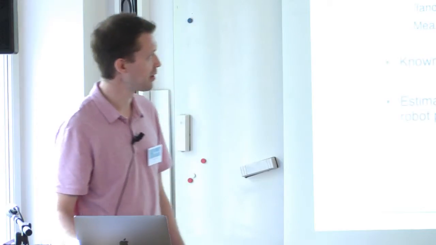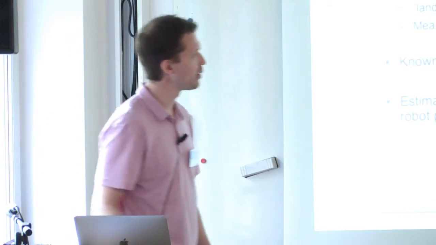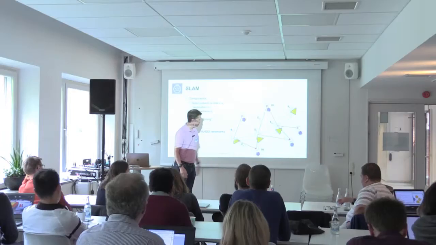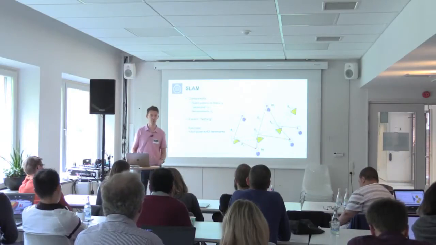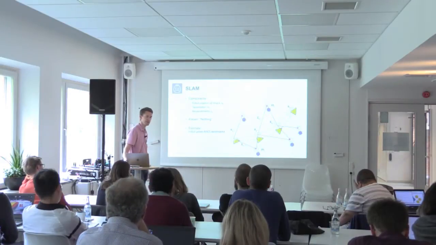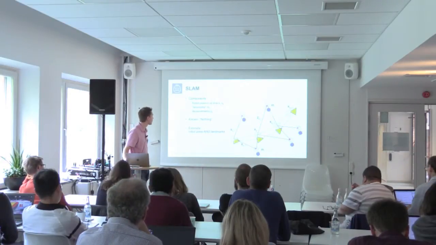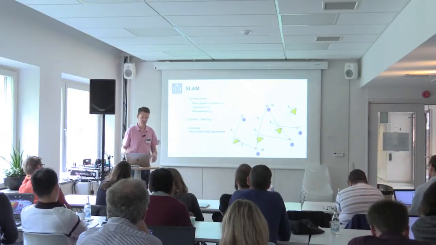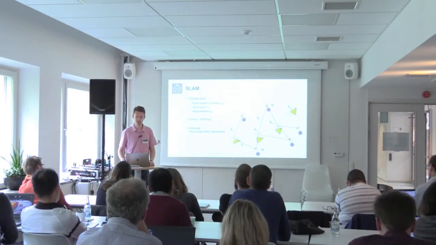So if we go back to that picture we had before, now also the location of the landmarks is unknown, and again the position of the robot is unknown, and we're trying to find both of them at the same time. So a significantly harder problem. So in a way, nothing is known. It's a bit strong maybe to say that nothing is known, because if nothing is known, it's really hard to do anything.